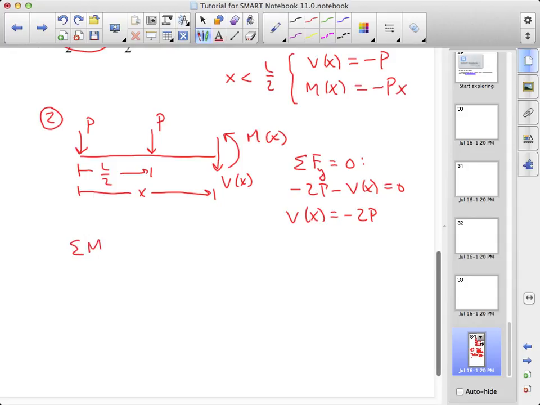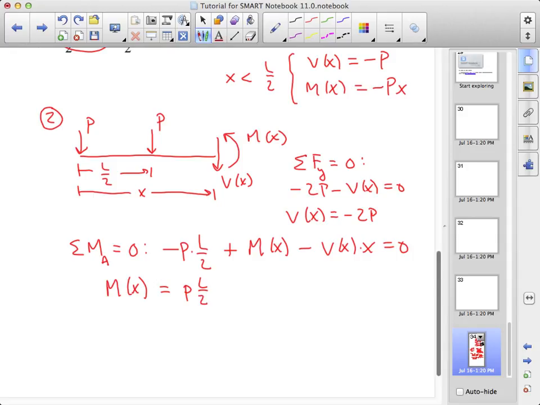And the sum of the moments about A equals 0 gives us minus P times L over 2 from the intermediate discrete force, plus M of x minus V of x times x is 0. But we know what V of x is, so we'll move these terms over to the other side, and we have P times L over 2 minus 2Px.